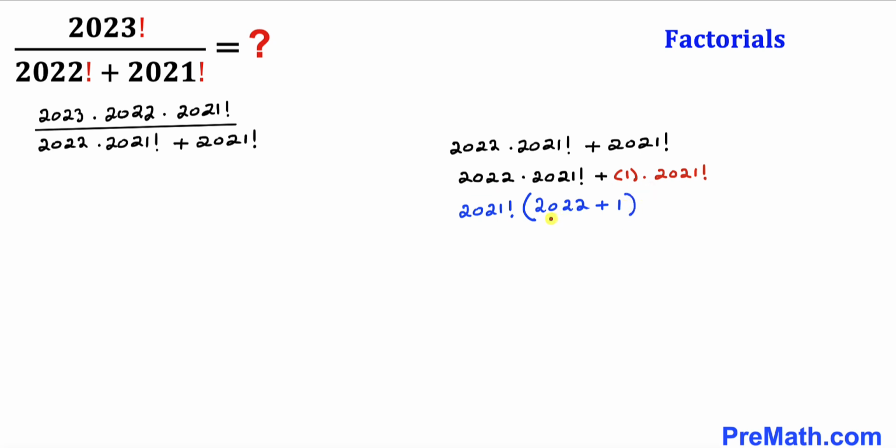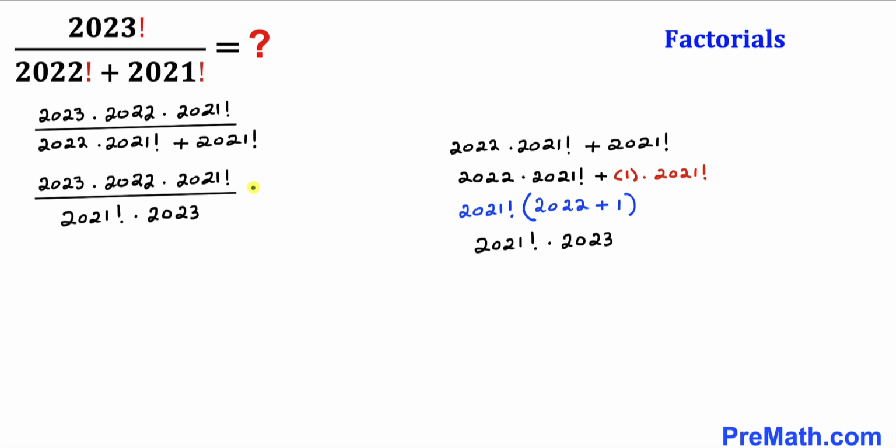And now inside these parentheses, 2022 plus 1 is going to give us 2023, as you can see in this next step. So therefore, we can replace this whole denominator part by this simplified one. As you can see in this next step, I have replaced this denominator by this simplified form.